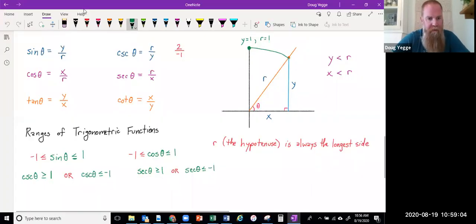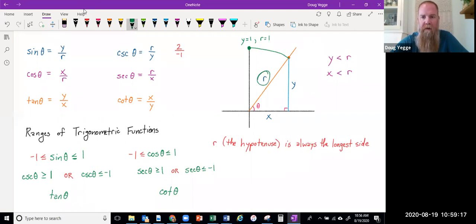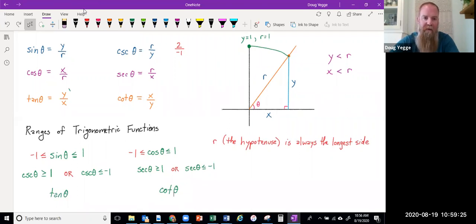The last ratios we want to take a look at are tangent of theta and cotangent of theta. Keep in mind that each of these ratios only deal with y and x. So r never comes into play when we're dealing with tangent and cotangent. Since we're looking at the values that y over x and x over y can take on, keep in mind that in order to be less than 1, the numerator is less than the denominator.